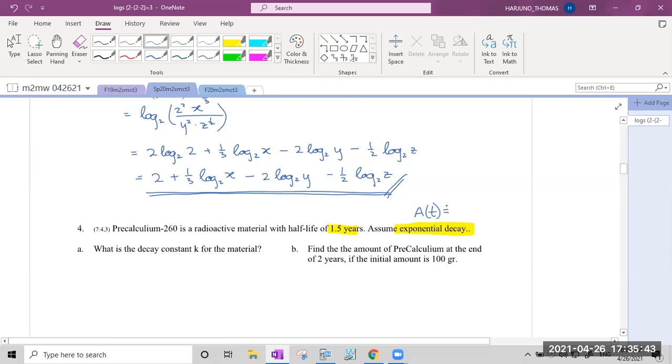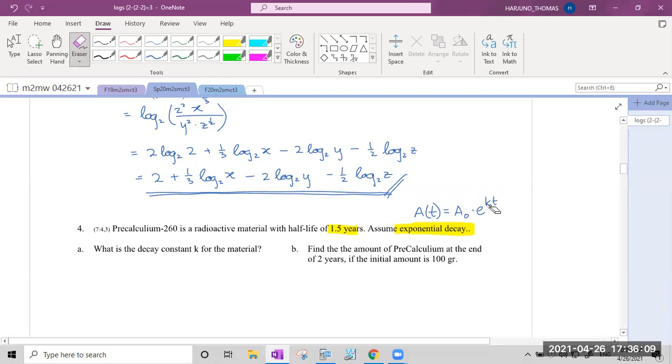exponential decay if it basically follows the exponential form. The amount after time t is equal to the initial amount times e to the kt, where because it's decay, the k will be negative.